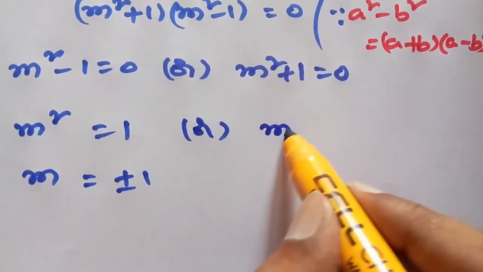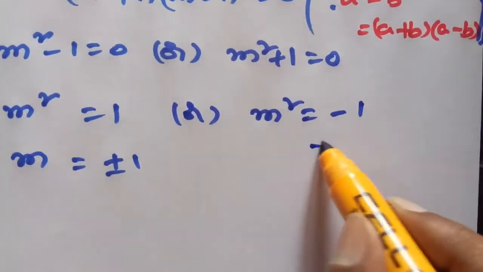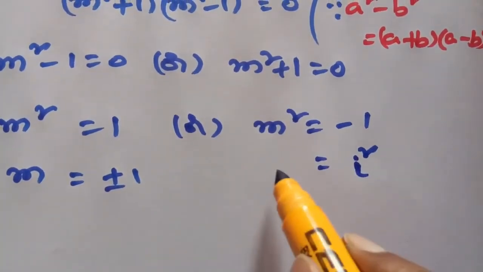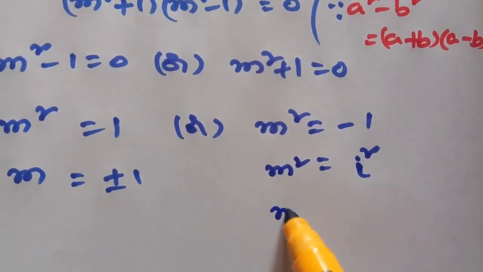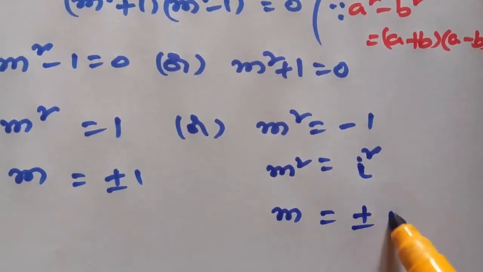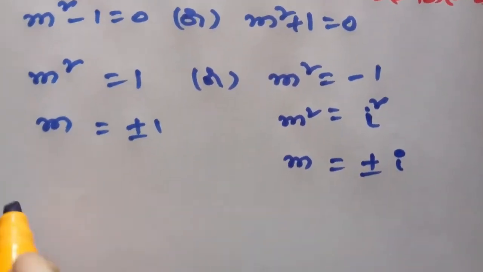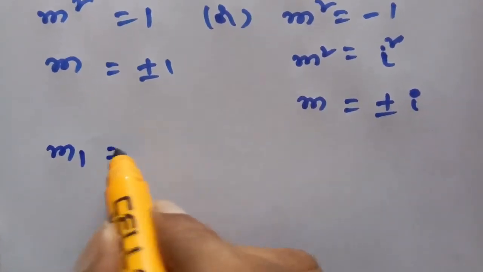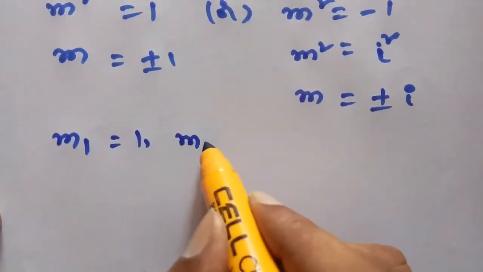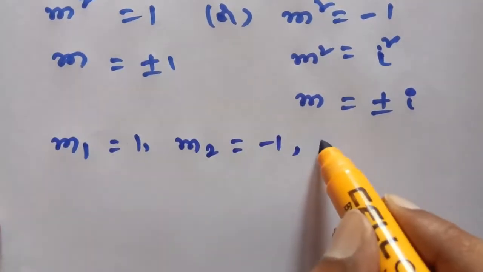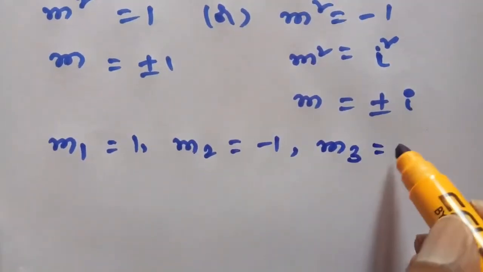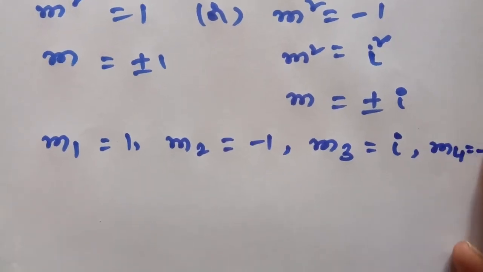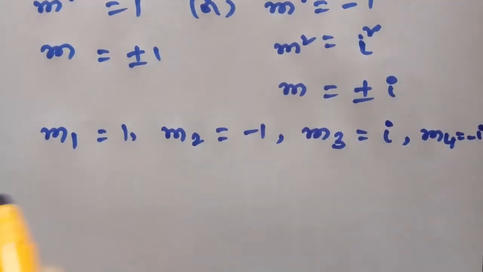Or m square is equal to minus 1. This can be written as i square, since i square is equal to minus 1. Therefore, m is equal to plus or minus i. Therefore, here the roots are m1 is equal to 1, m2 is equal to minus 1, m3 is equal to plus i, m4 is equal to minus i.